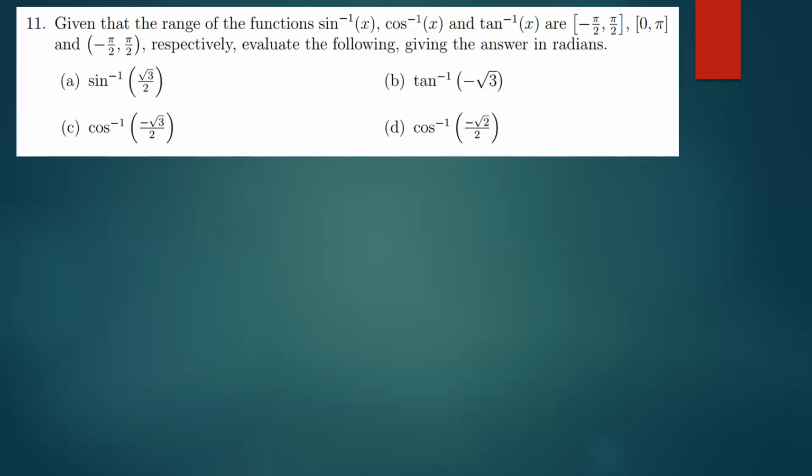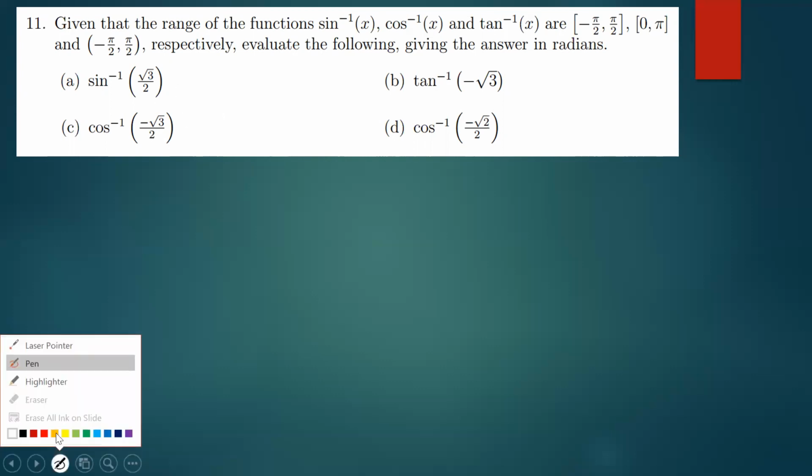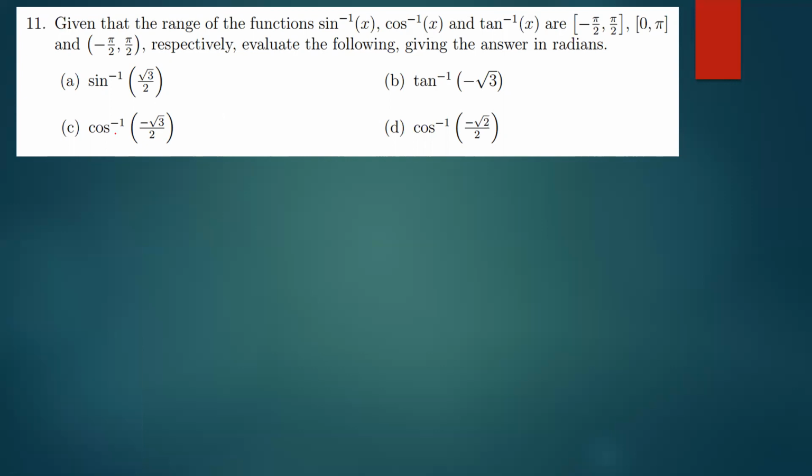Wait, what did I say the answer here was? I think there was a mistake. The time I was giving out the answers, I said 60, right? This one is the one that gives 60. This one is 30.